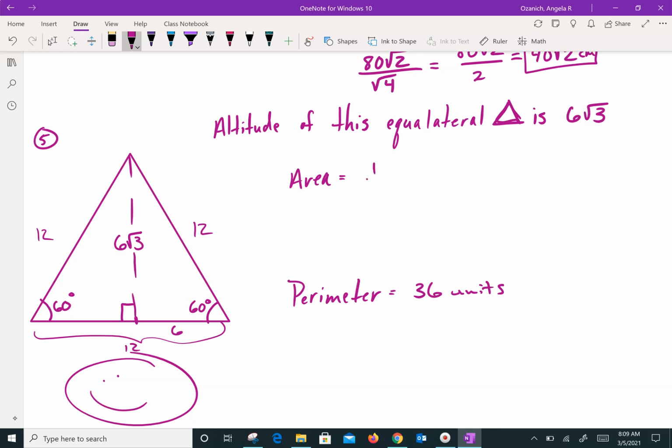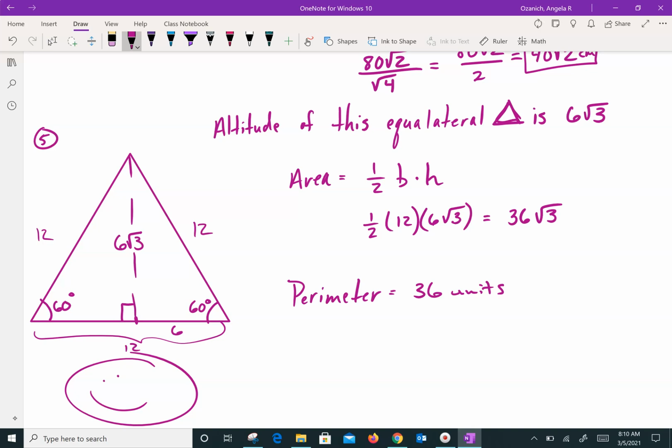Don't forget the area of your triangle is going to be 1/2 the base times the height. So we're going to have 1/2 times 12 times my height, which is the altitude, 6 root 3. And that is going to be a final answer of 36 times the square root of 3.